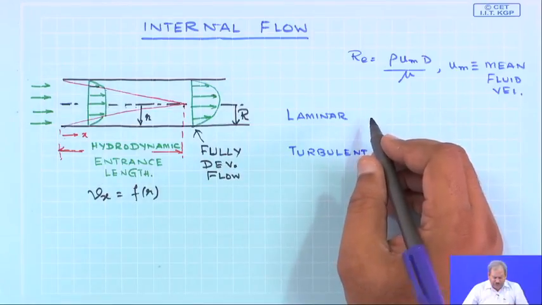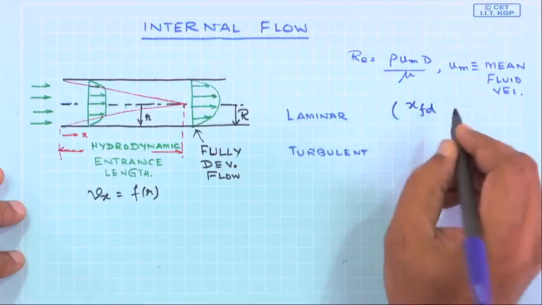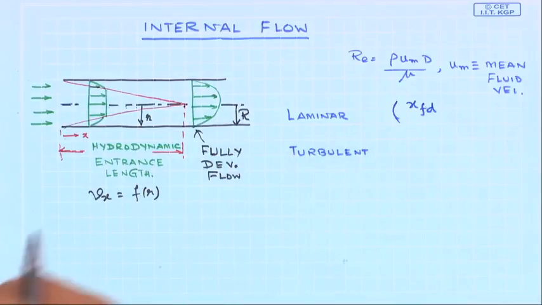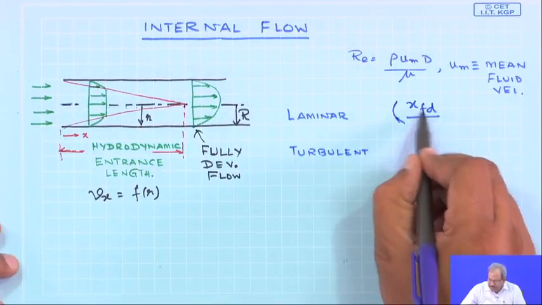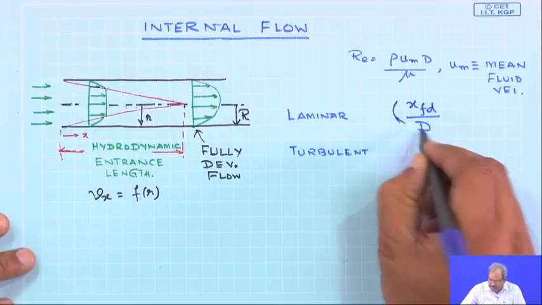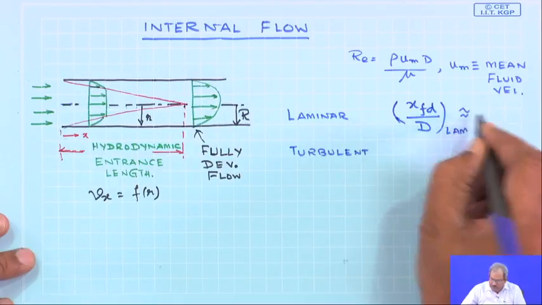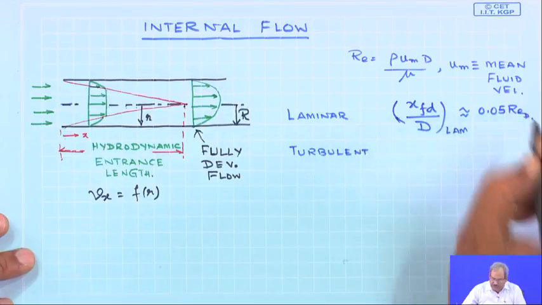For laminar flow, this entrance length, which is called x_FD, is the length required for the flow to become fully developed. The x_FD divided by D, where D is the diameter, for the laminar case is about 0.05 times the Reynolds number based on diameter.